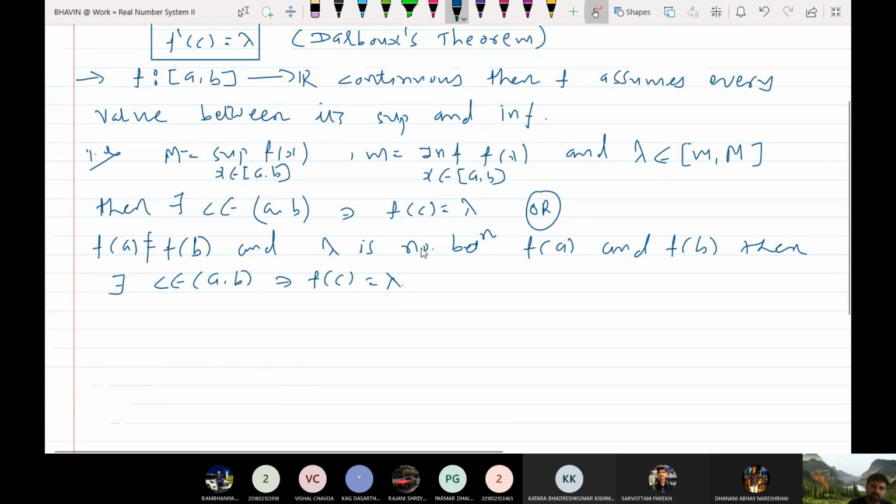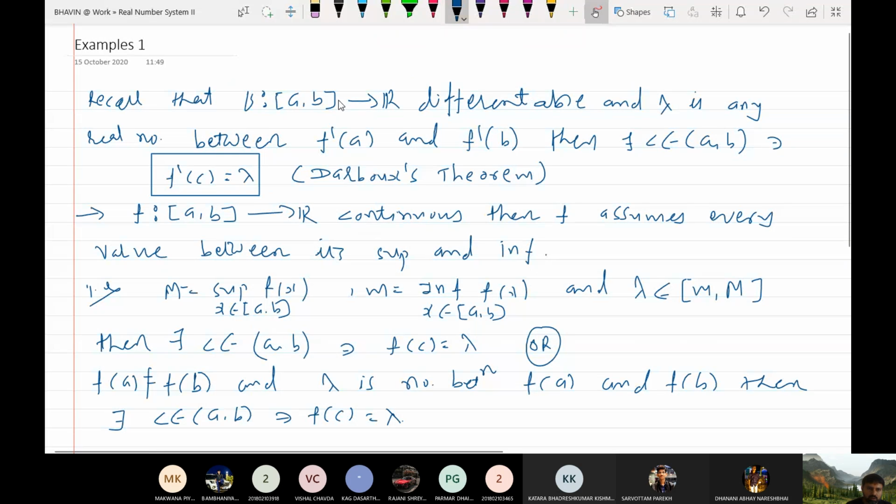So this is intermediate value theorem for continuous function, and this is intermediate value theorem for differentiable function. Okay, so both are very important.